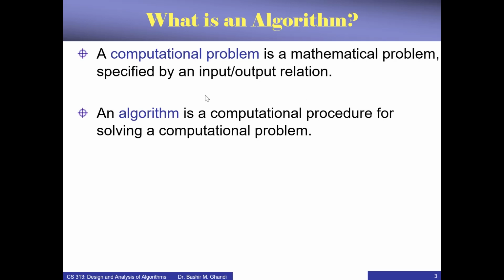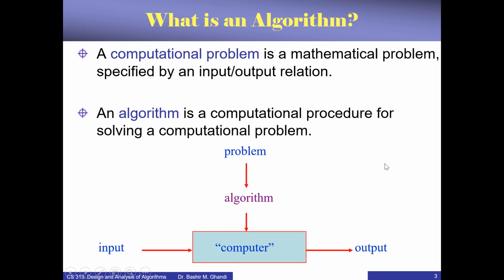So an algorithm basically is a computational procedure for solving a computational problem. So you have a computational problem that you want to solve. An algorithm will give you a procedure, or if you like, a step-by-step process of how to actually solve this computational problem.